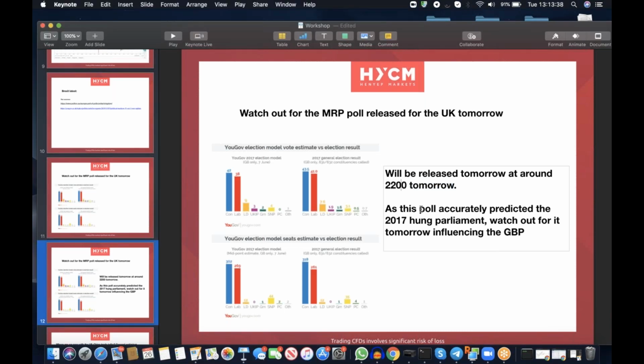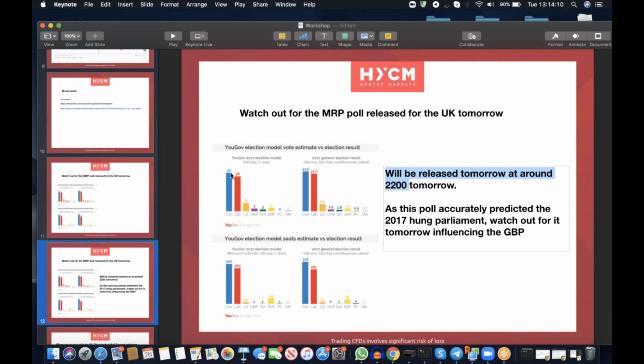Now, there may be subsequent polls released before that, but this one is widely anticipated. So be aware of that if you're trading the pound. Ten o'clock tomorrow, definite event risk, because the pound is being moved on these election polls. Remember the rationale? A Conservative majority in the lead means the Brexit withdrawal agreement is going to be accepted, and Britain's going to leave the EU with a withdrawal agreement, which is positive for the pound.